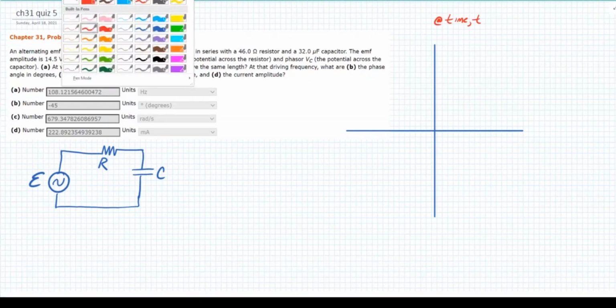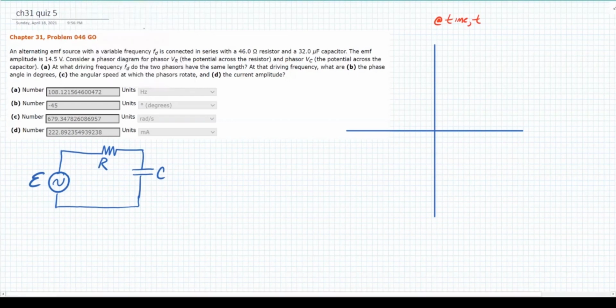I'll use green for that. This is in the source material in the video, but at some time t, this is theta equals omega, the driving frequency, times time. So this is my voltage drop across the resistor.